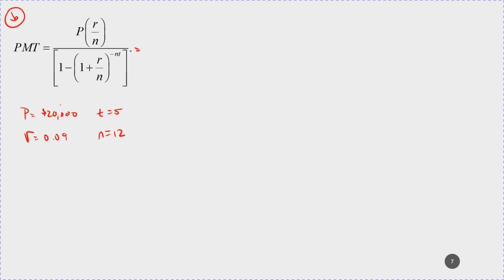So $20,000 times my rate, which is 0.09 divided by N, which is 12, divided by 1 minus 1 plus R divided by N, so 0.09 divided by 12, raised to the minus 12 times 5 power, so the negative 5 times 12.